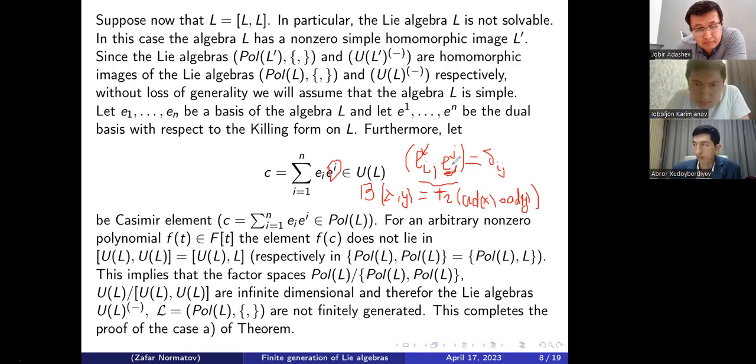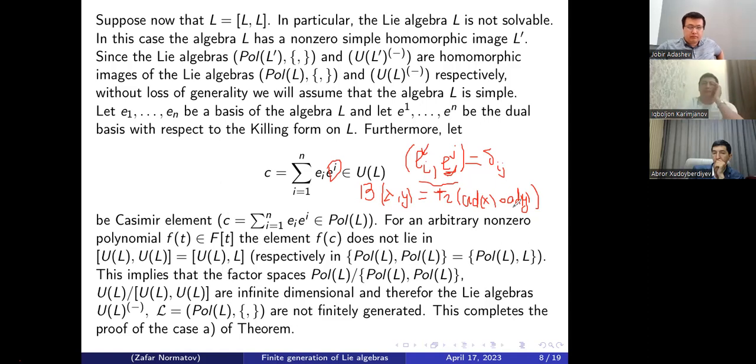No, I suppose there is the following problem: maybe we do not understand the difference between dual basis and dual basis with respect to the Killing form. Because in this case, there is no dual space.